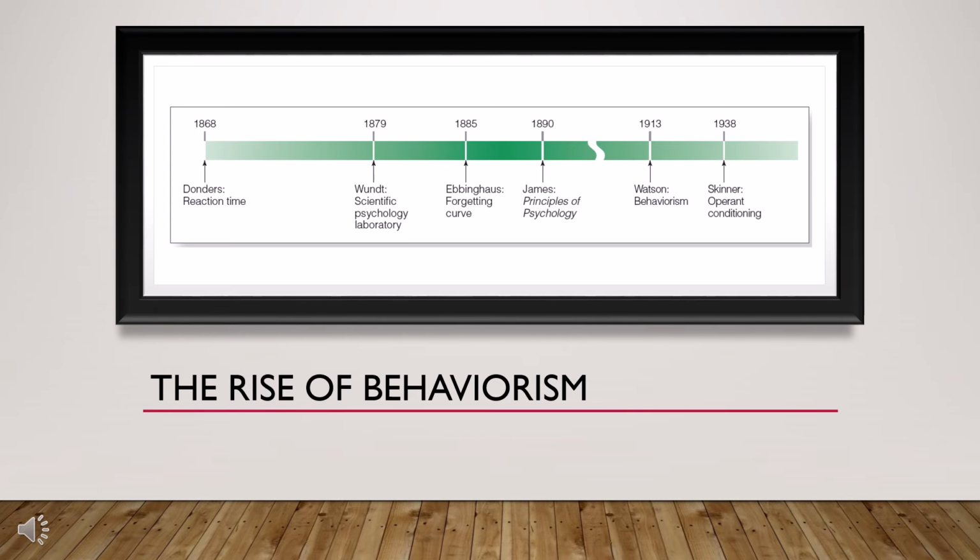And this is a brief timeline that shows early experiments and the rise of behaviorism from the 1800s to the 1900s. We started to focus more on stimuli or the response, nothing internal.